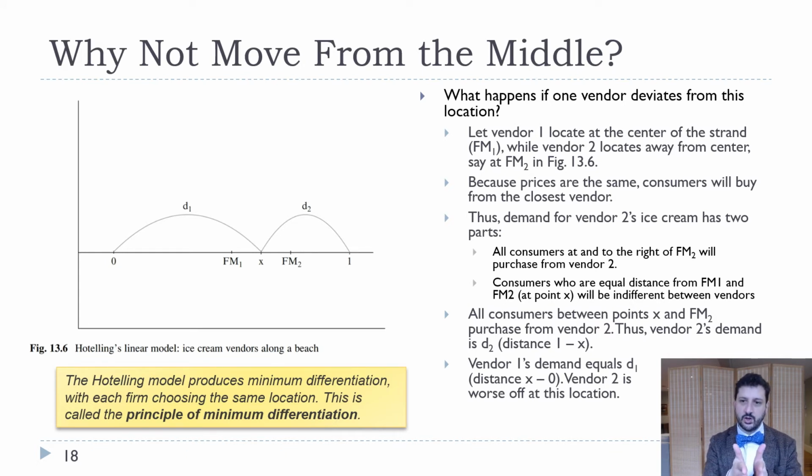And so the only equilibrium is to be right at the middle. And this is the principle of minimum differentiation, right? And so we had the principle of maximum differentiation when we were talking about quality. You wanted to be as far apart as possible. Here, you want to be as close as possible. And actually, the most important assumption that's driving this result is the idea of this linear street, where there's nothing on the other side of 0 and there's nothing on the other side of 1.